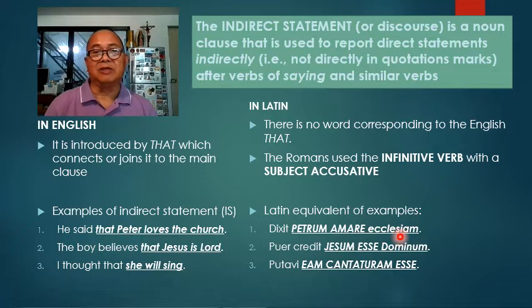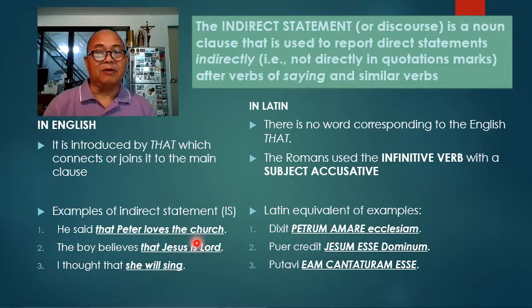And you have ecclesiam, the direct object. So Petrum amare ecclesiam is the indirect statement. As to the basic sentence pattern, it is a subject, transitive verb, direct object, STVDO.